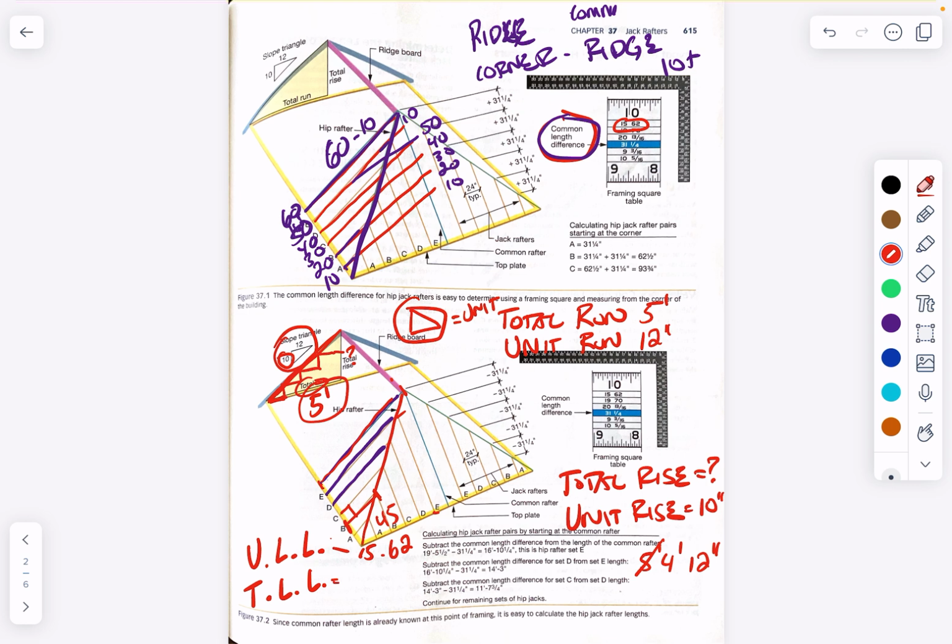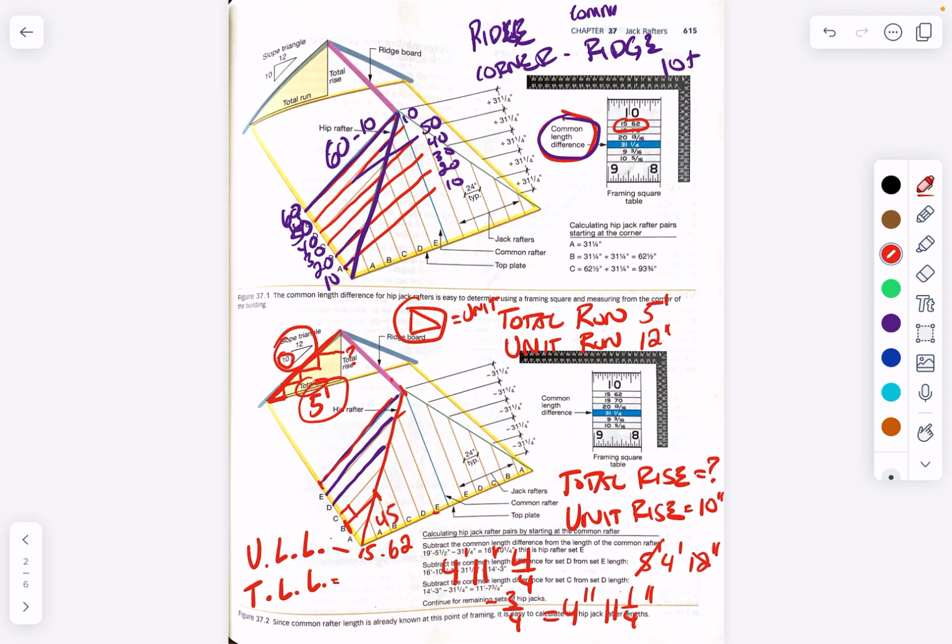So we know that in 1 inch, let's bring that over here, 4 feet. We'll borrow an inch and make that 4/4. Subtract 3/4. So we have 4 feet, 11 1/4 inches is our total run.